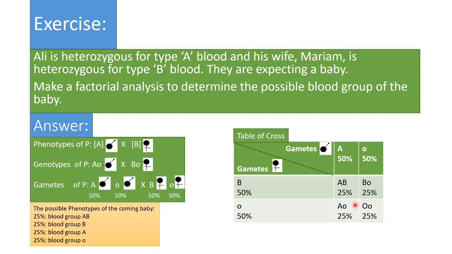How does it come that 2 parents of blood group A and blood group B can give birth to a baby having a new blood group which is O? Actually, this is because both of these 2 parents are heterozygous, so they are carrying the O allele, but it is masked, so they can pass it to their child, so it's going to be of blood group O.